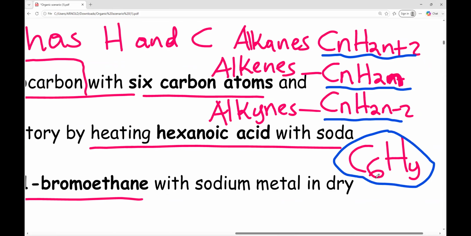Why am I saying that it is of this form? It has six carbon atoms. It has an unknown number of hydrogens, so I put H Y. So if I know that it is a compound of this form, I just equate this to 86 and obtain the value of Y. Then if I obtain the value of Y, I can progress.